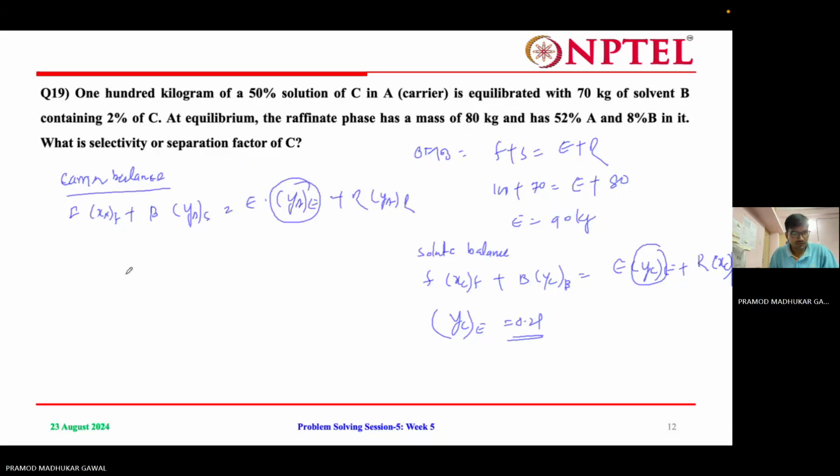So here the Y is 0, all the others given. So YA in E is equal to 0.093. So now put in that relation: B is equal to 0.21 divided by 0.093, divided by 0.4, XC in the raffinate phase given, and XA also.